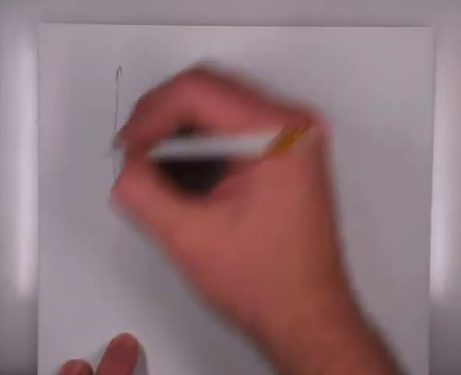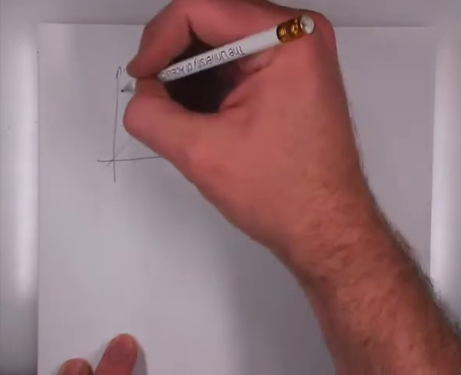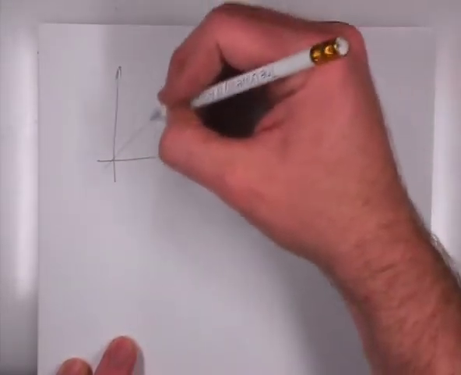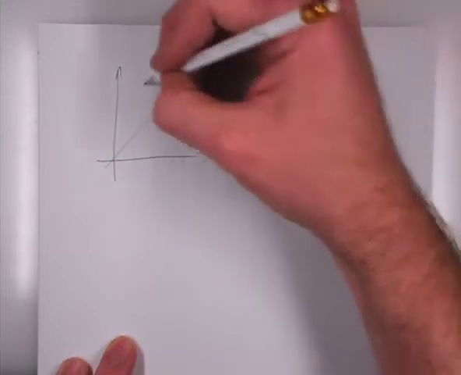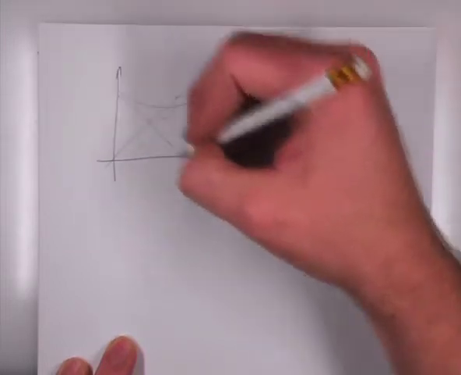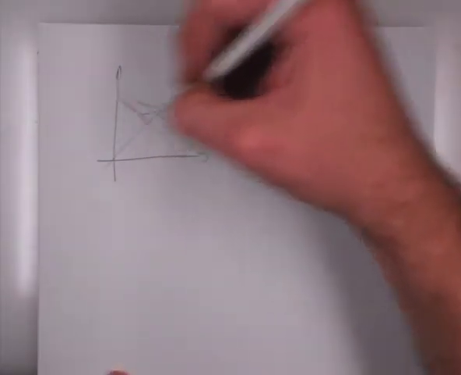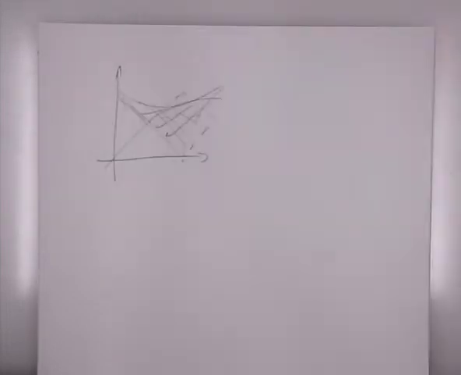Let me see if I can do this. What's my function look like? Okay, so I've got this awful surface, right? And I want to slice it in a particular direction.